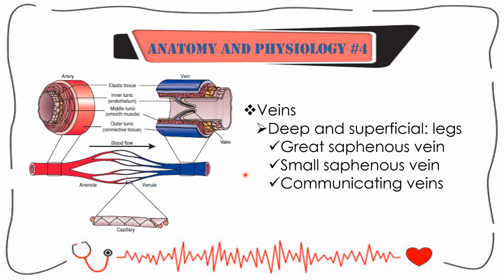Because of the weaker wall structure, the leg veins are susceptible to irregular dilation or varicosities, compression, ulceration, and invasion by tumors and warrant special attention. So, the deep and superficial veins in the legs are the great saphenous vein, small saphenous vein, and the communicating vein.